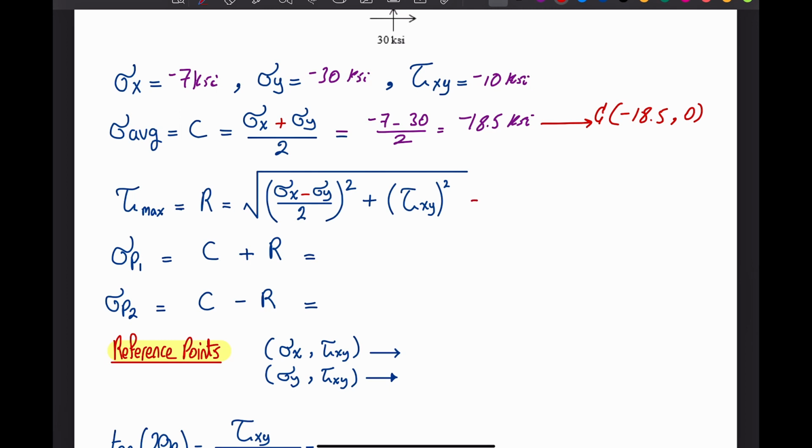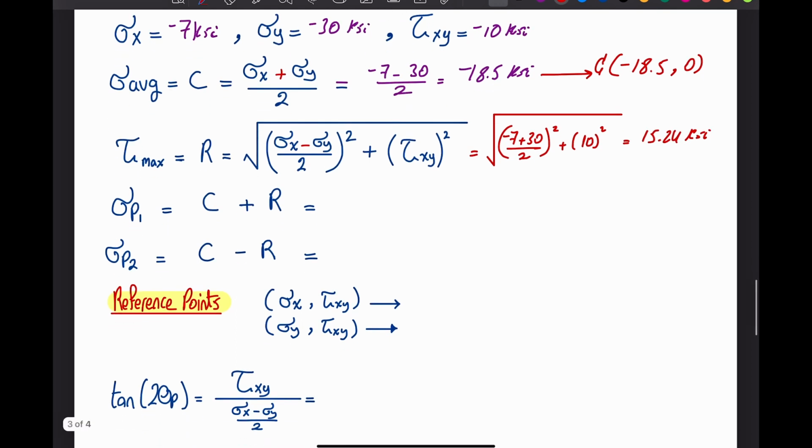Okay, R, which is the radius, you're just going to plug and chug. It's not that hard. So don't forget, I'm going to say 7 plus 30, not minus, this is a common mistake, square plus 10 square, and I'm going to get 15.24 ksi. Okay, and now sigma p1, sigma p2, c plus r, c minus r.